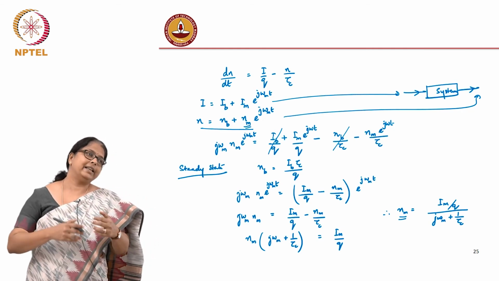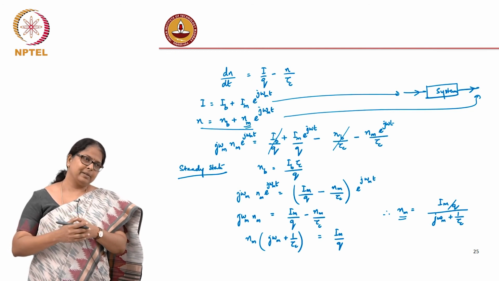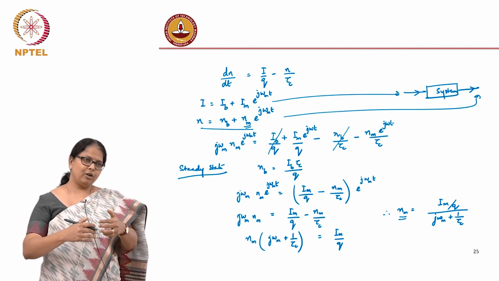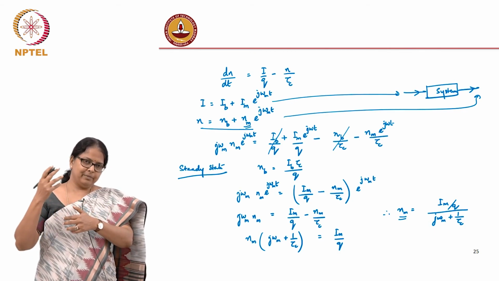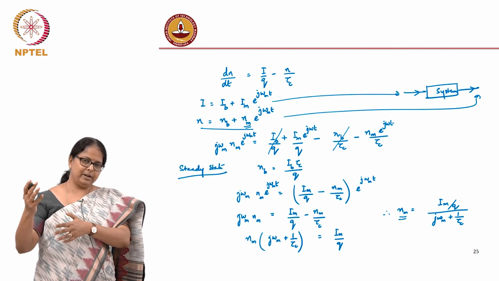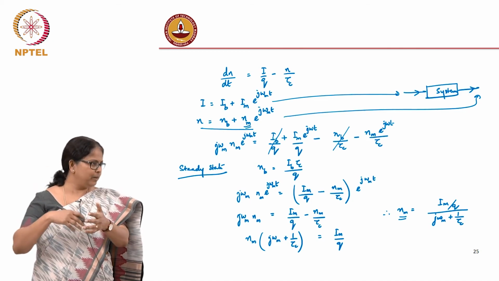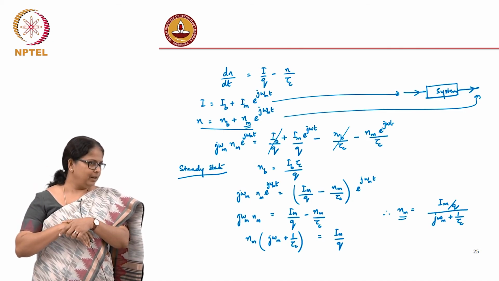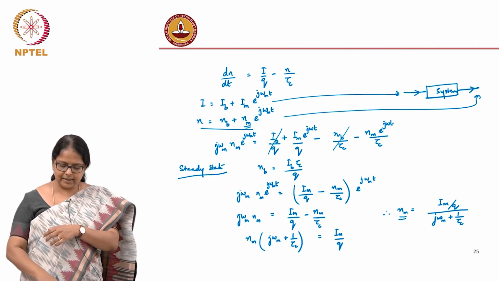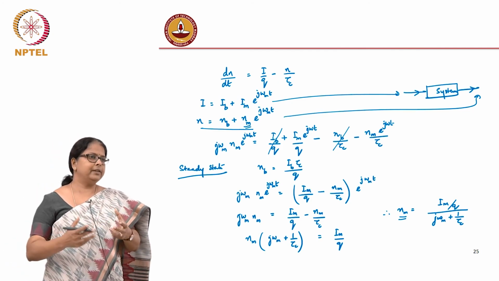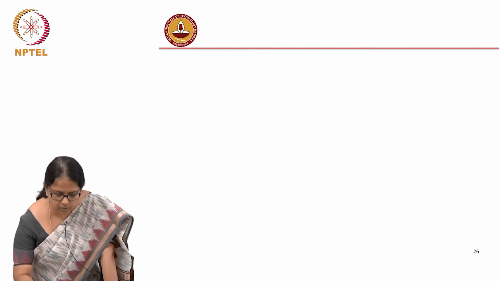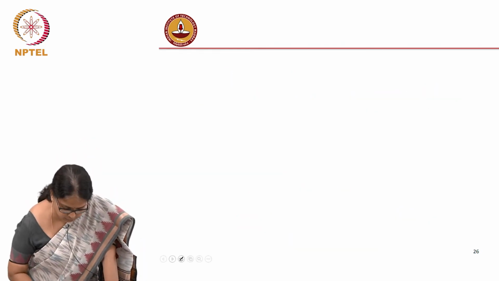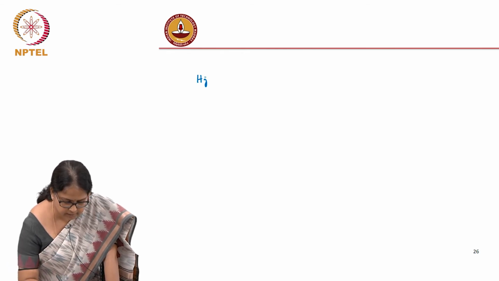And how do you find the h of j omega of the system? You take the ratio of the Fourier representation of the output by the Fourier representation of the input. But here there is a slight change, if you want to find the frequency response of Nm. Your h of j omega is what you are trying to find out, the frequency response of the system.